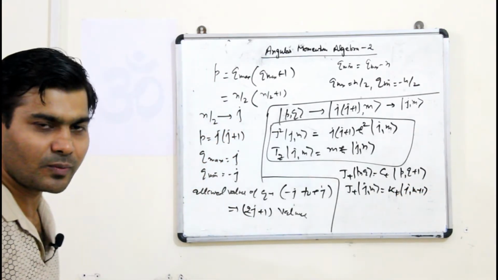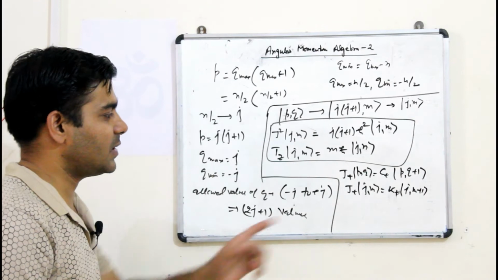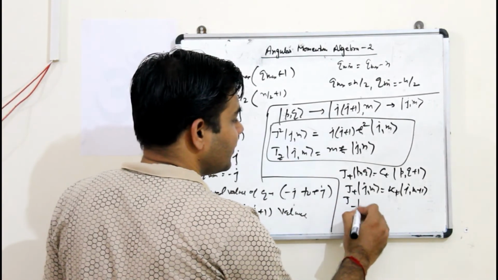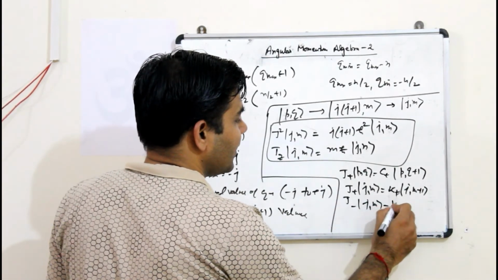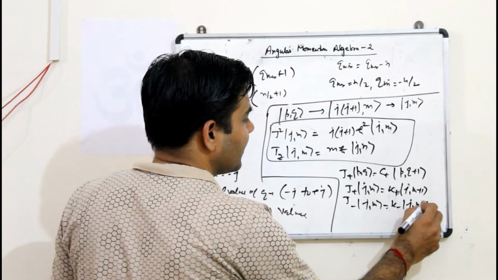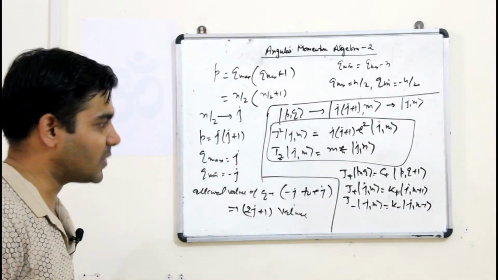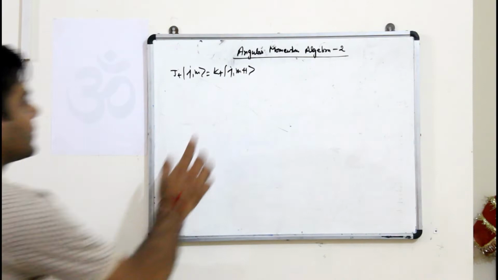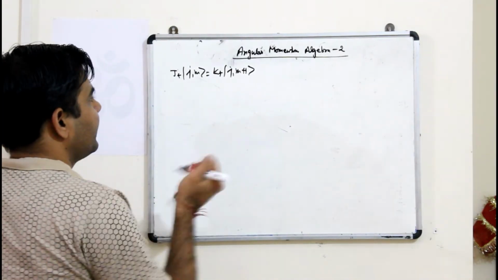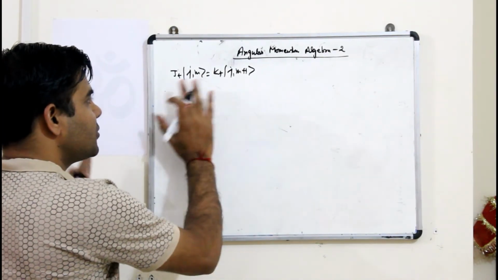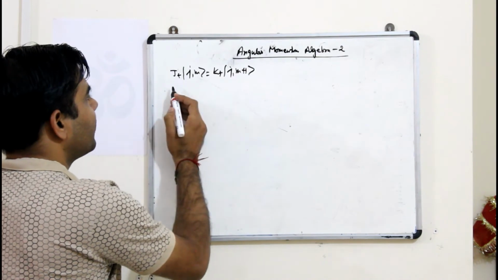So we would like to know what this k plus is, and similarly the action of j minus on jm will be k minus times jm minus 1. We want to know what these k plus and k minus are, so let's try to find. Let's take the Hermitian conjugate of this equation and operate from the left.